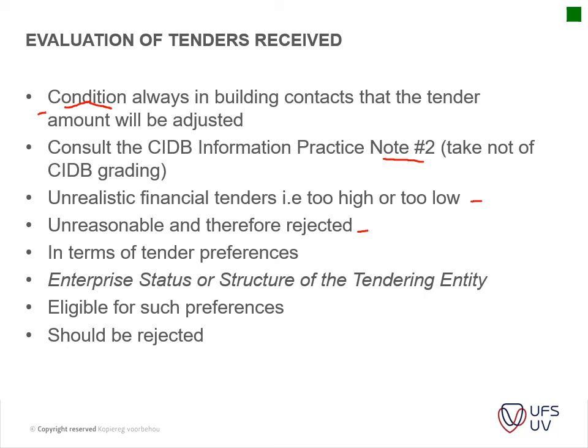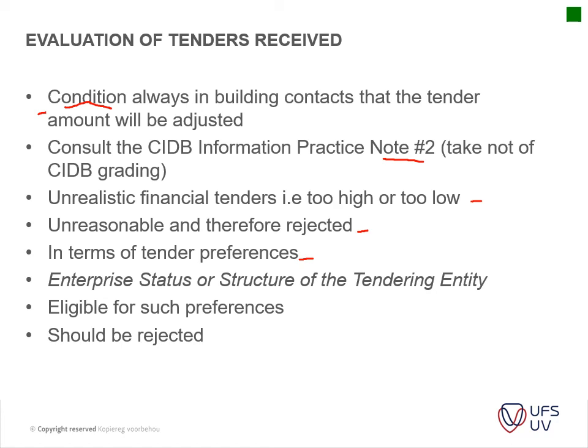That's what I was talking about just now. In terms of the tender performance or preference, now you've established what the final tender amounts are, and then you look at the tender preference.